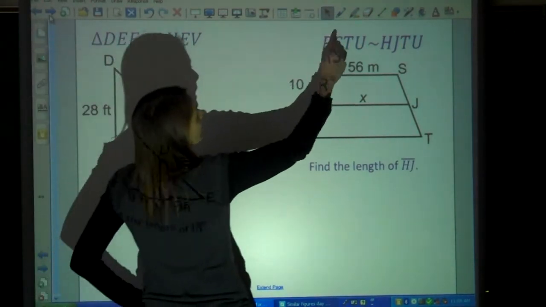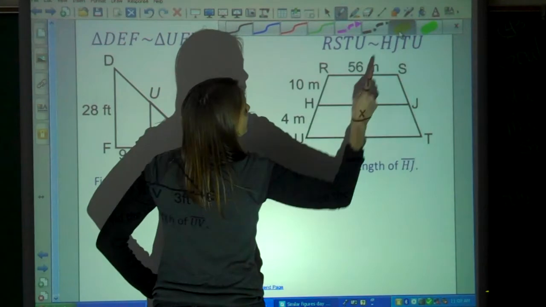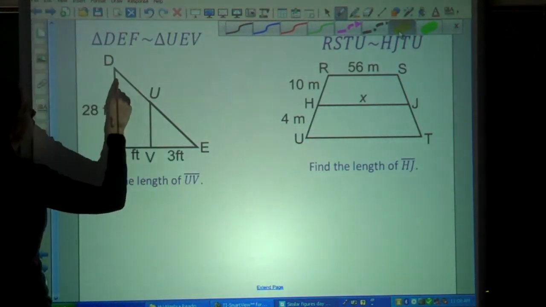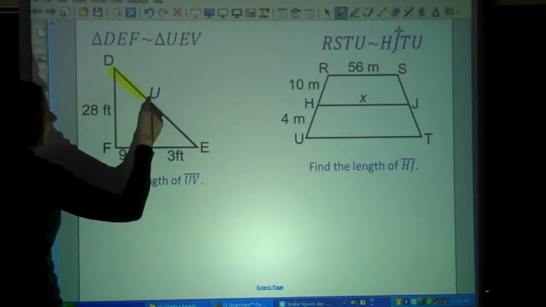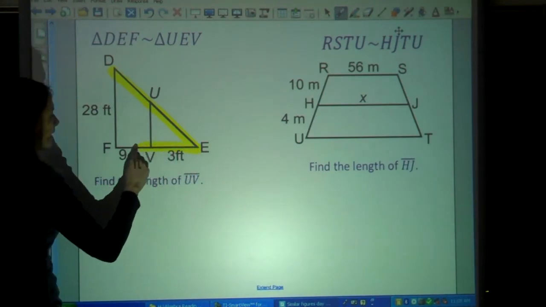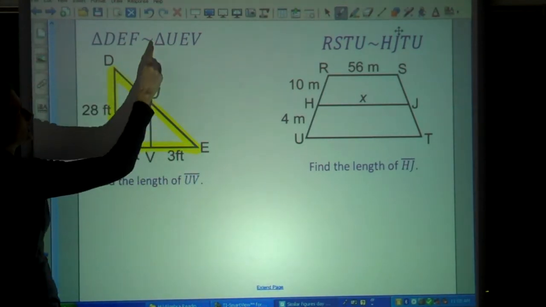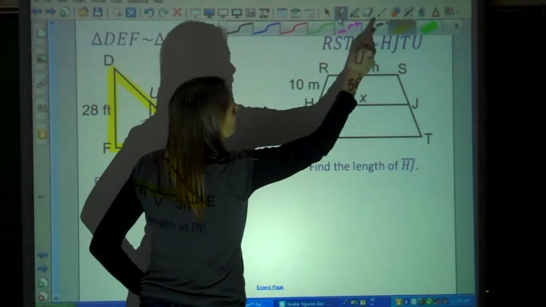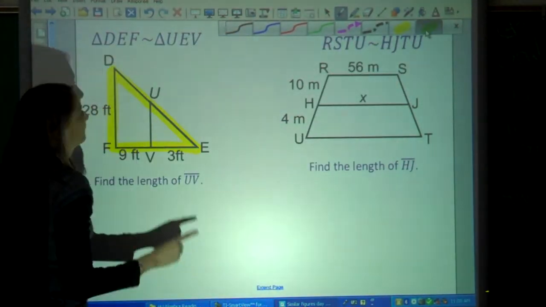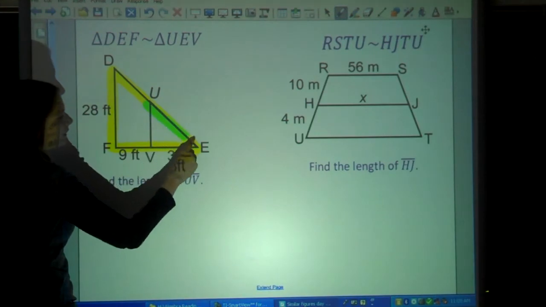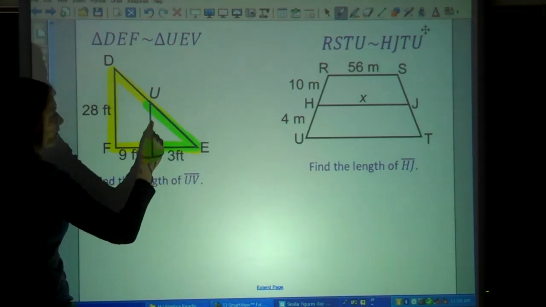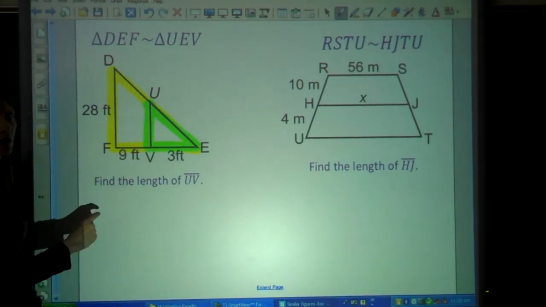So I'm going to take my highlighter and I'm going to look at triangle DEF. And then I'm going to look at triangle UEV. And if I notice, they're both right triangles.